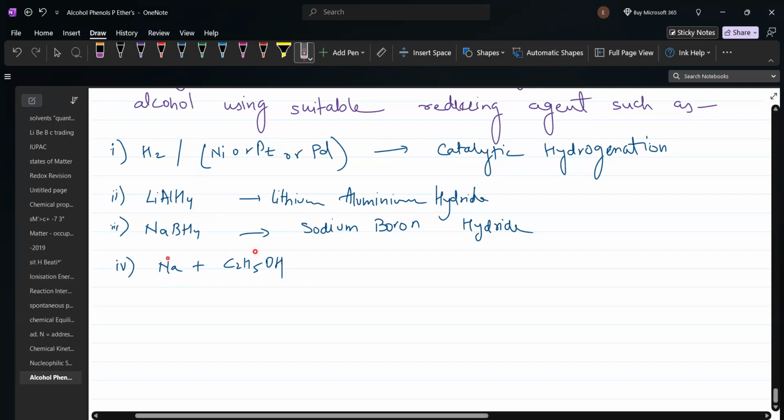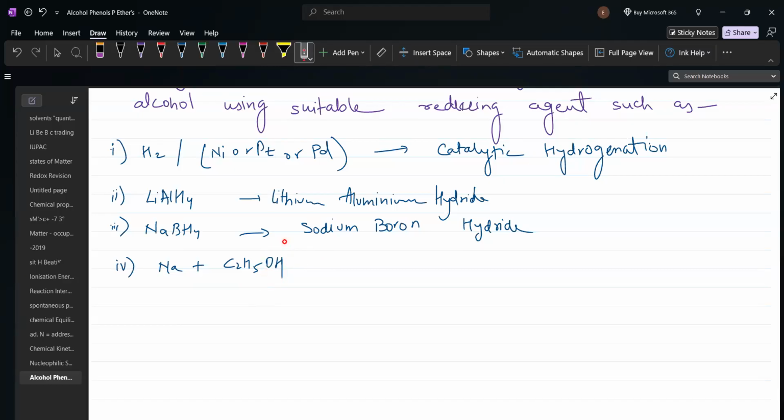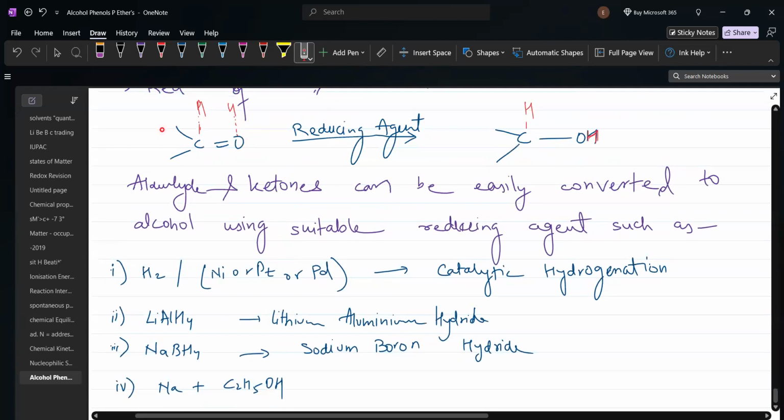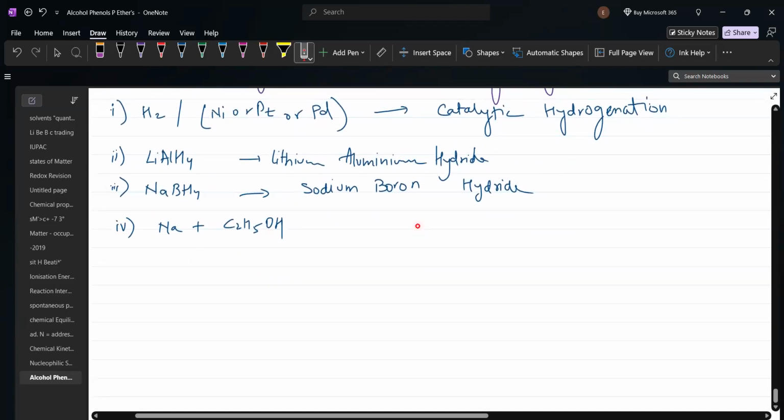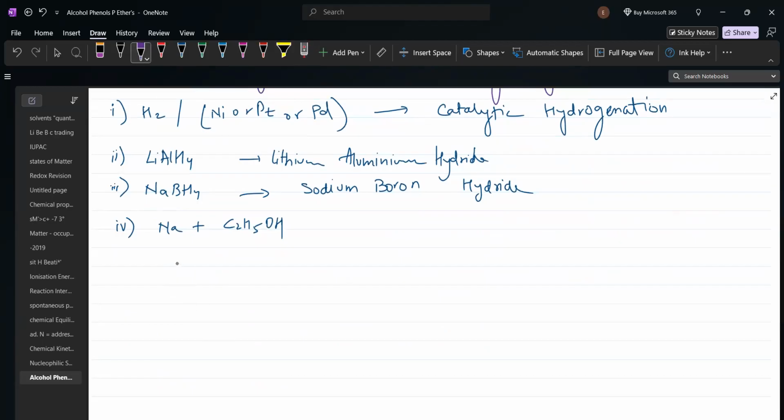When sodium comes, hydrogen is released, because the sodium gets attached with oxygen and H gets released. That is why lots of hydrogen forms, which attacks this substrate, and overall this carbonyl compound forms alcohol. Yes or no? Yes, sir.